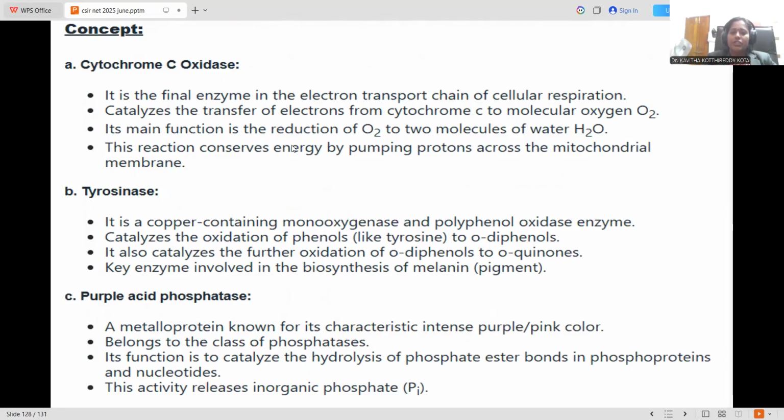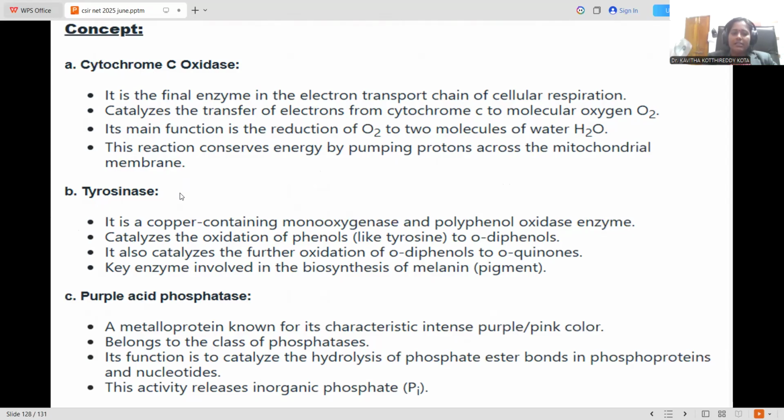Its main function is the reduction of oxygen to two molecules of water. In addition to electron transfer, reduction of oxygen to water is also possible. This reaction conserves energy by pumping protons across the mitochondrial membrane. So this is regarding the cytochrome c oxidase enzyme.